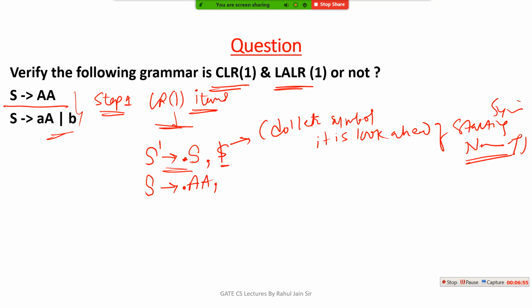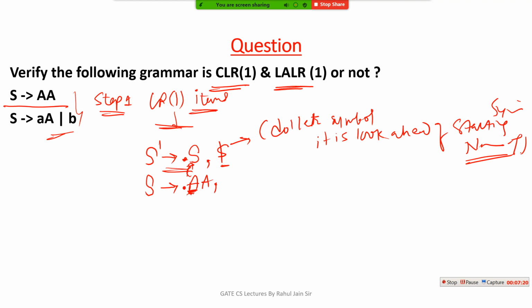Now my main problem is what is the look ahead of this A. Whatever the look ahead of this A will be, I need to put here. The look ahead of this A will be determined from the previous step. How to check?